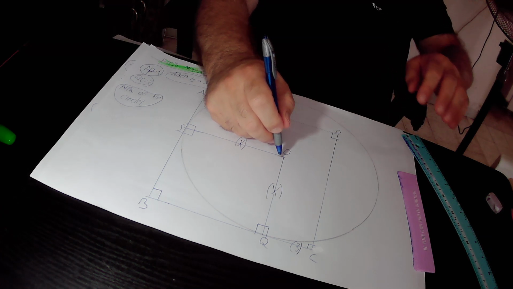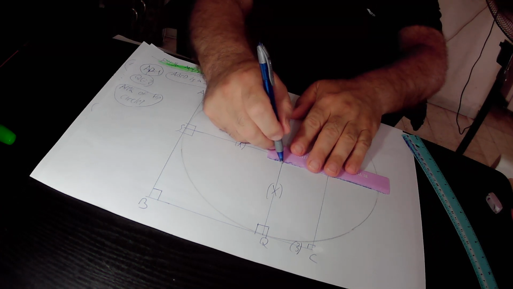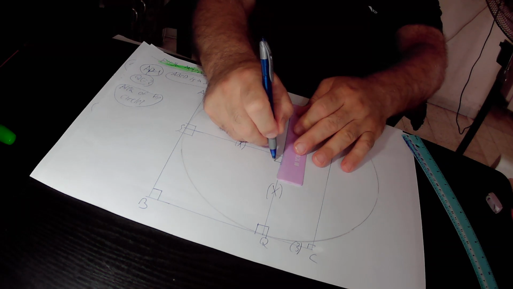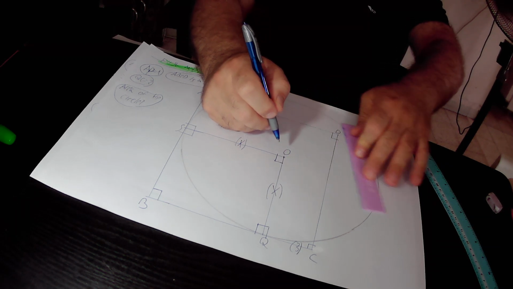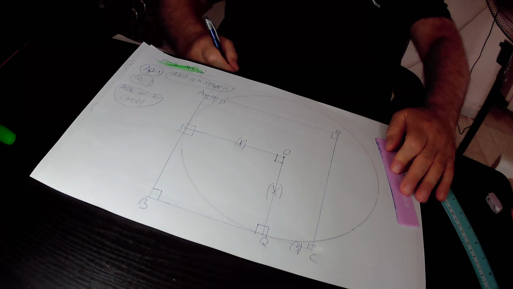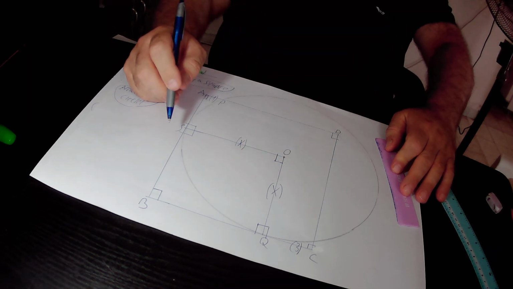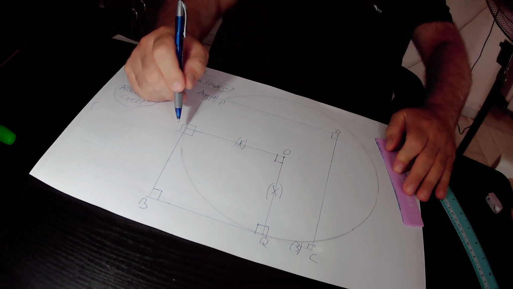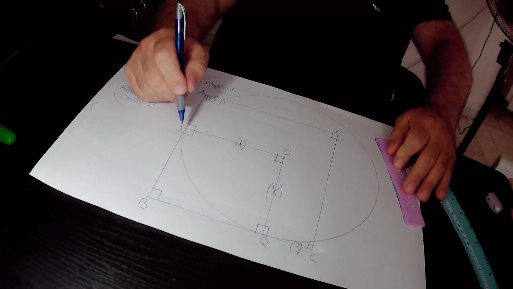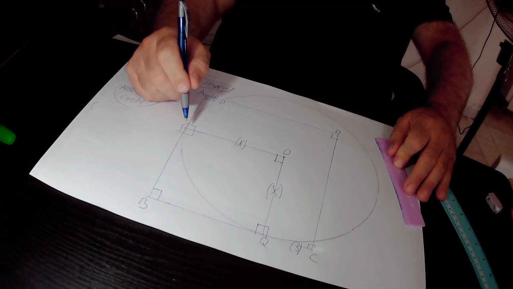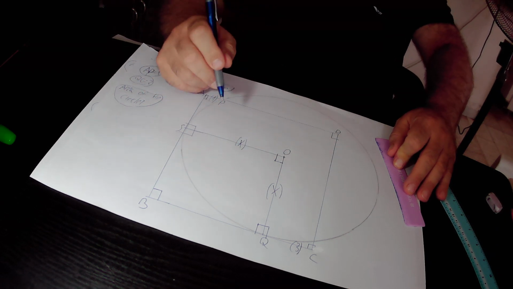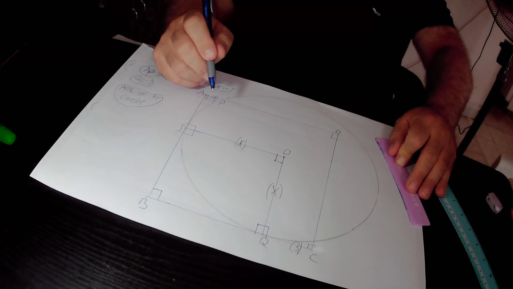Therefore, this angle must be equal to 90 degrees. So inside the small quadrilateral SOQB, we have 4 right angles. And according to rule 5, any quadrilateral that has 4 right angles must be a rectangle or a square. So we write: quadrilateral SOQB is a rectangle because it has 4 right angles.